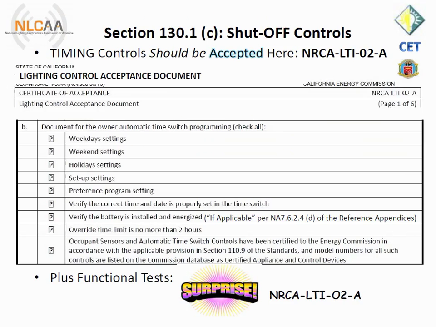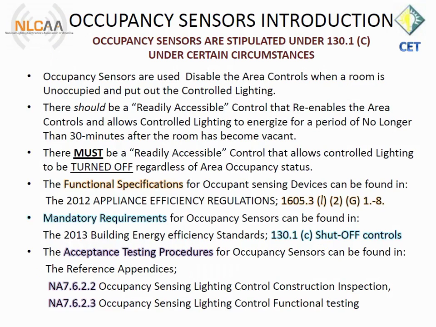Here is where the acceptance test technician is required to, quote, demonstrate and document, unquote, the programming for the building owner on acceptance testing form NRCA-LTI-02-A: NRCA for acceptance, LTI for indoor, 02, A for acceptance.